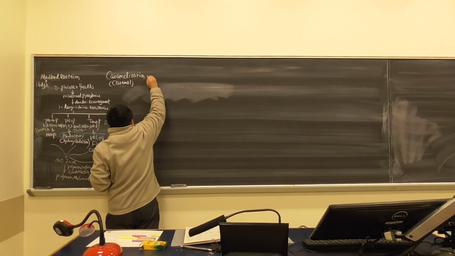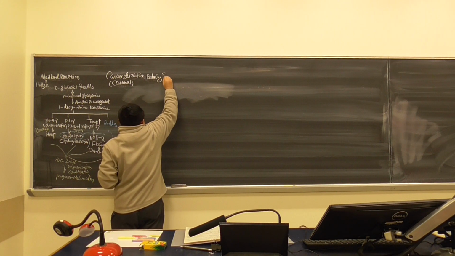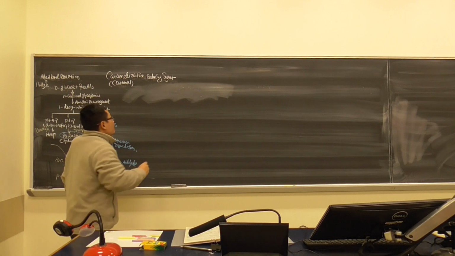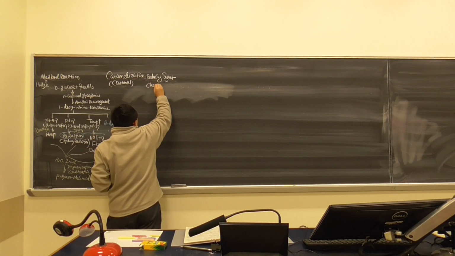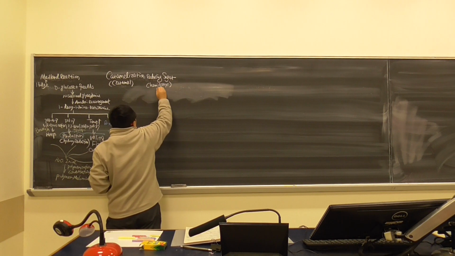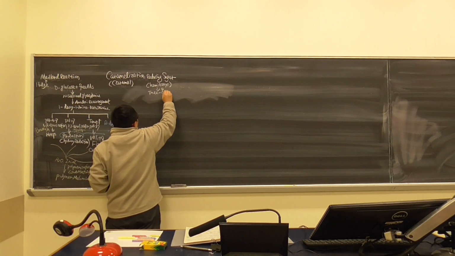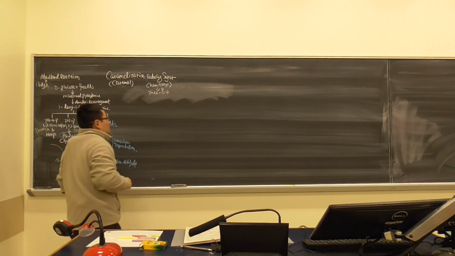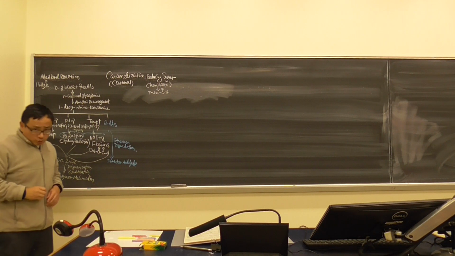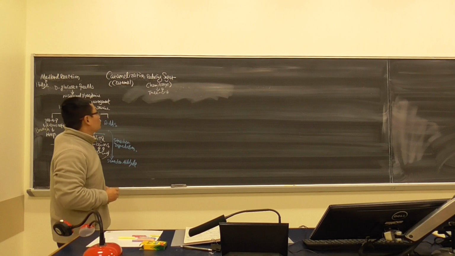This is reducing sugar. When we talk about reducing sugar, it means you need to have a hemiacetal, and the hemiacetal will have a free available aldehyde. For example, sucrose is not a reducing sugar, but glucose, fructose, lactose, maltose are all reducing sugars.